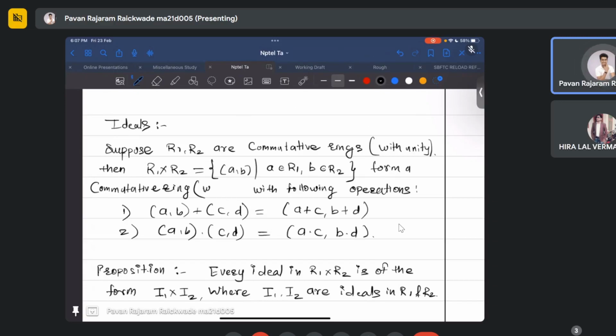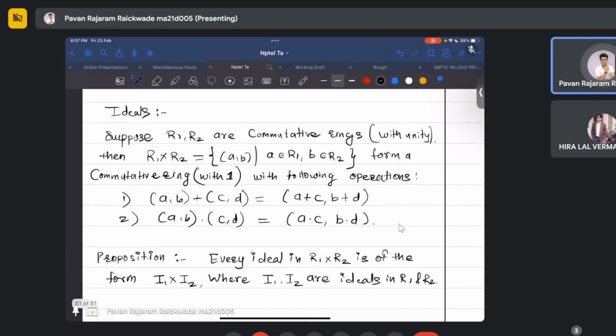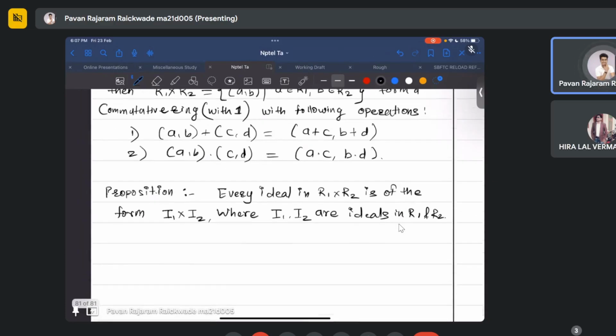If your given rings had unity, then this also has unity. Everything depends on the base rings R1 and R2. So this is the proposition that every ideal in the product ring R1 cross R2 is the product of two ideals in R1 and R2. Okay, so let's prove this.